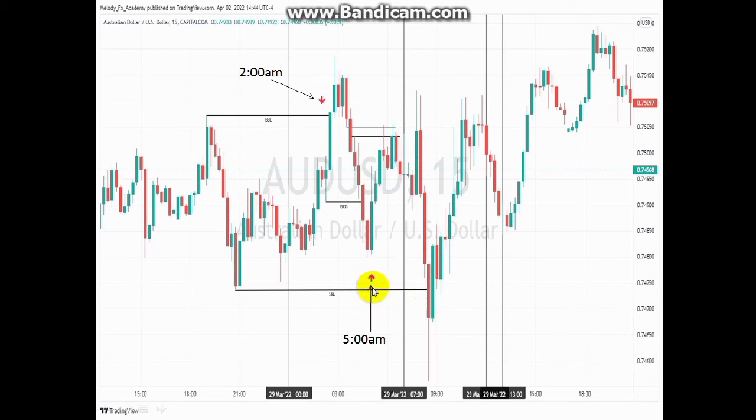These are the times of day you want to take note of. We look for our afternoon session trade between 1 to 5:30 New York time.